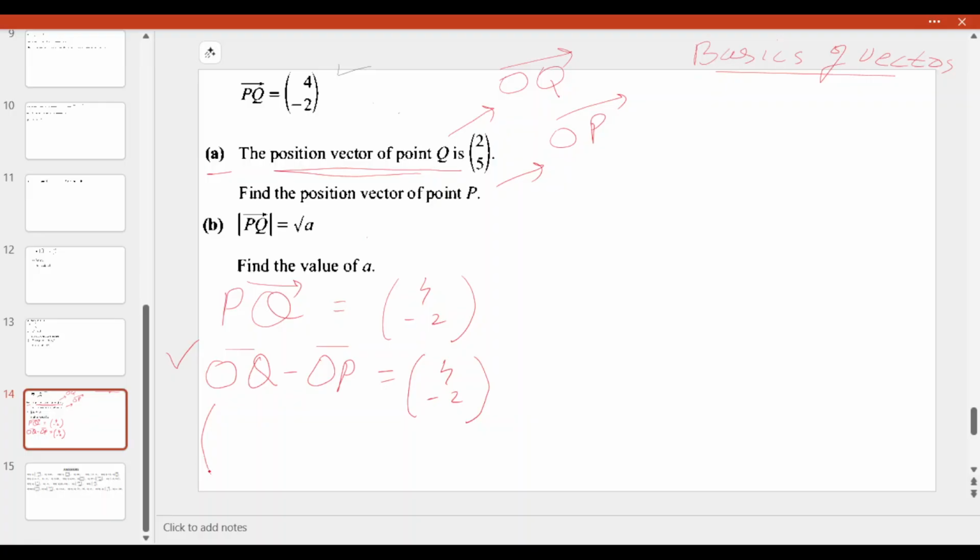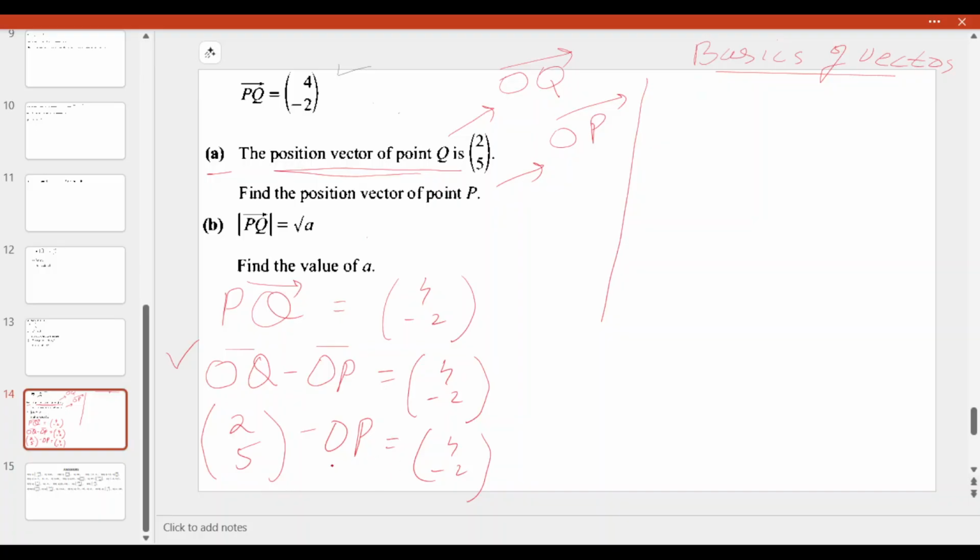Just plug that in over here: (2, 5) minus OP equals (4, -2). We make OP the subject. To make OP the subject, we bring that to the other side of the equation.